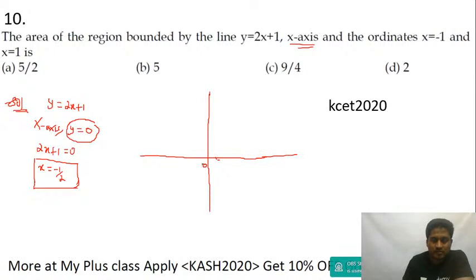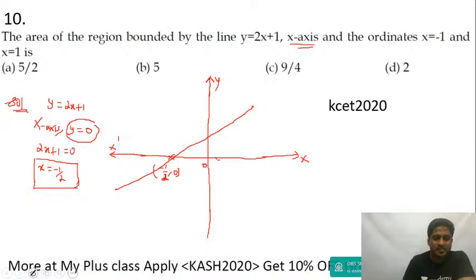This is the y-axis, this is x, and this is x dash. The line passes through this point, minus half comma 0.